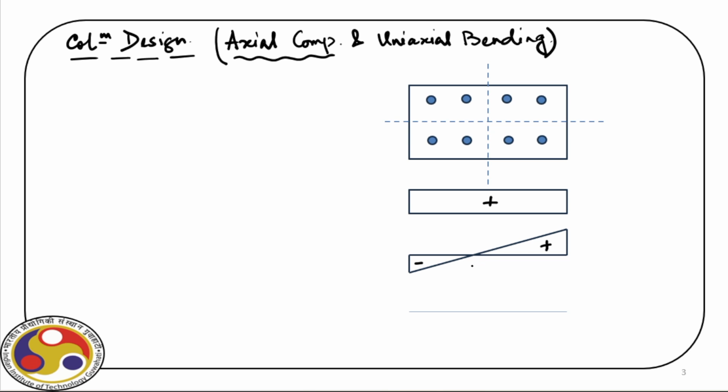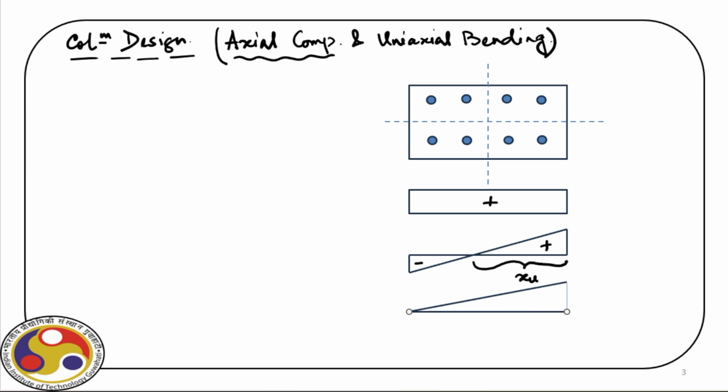And this is XU, right? Now for a column, we always wish to have no tension. So if that is the case, our strain diagram will be like this, right? Now in reality, it may not be always the case.